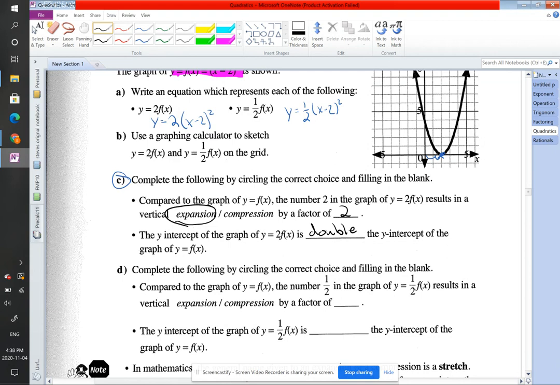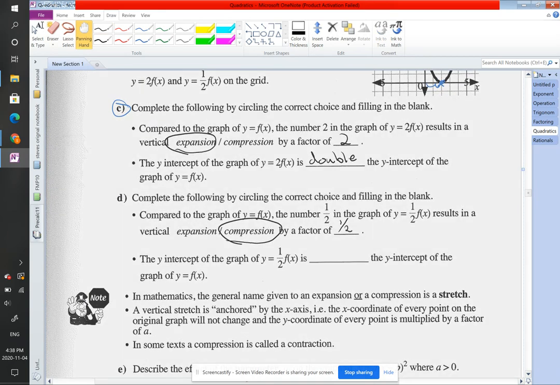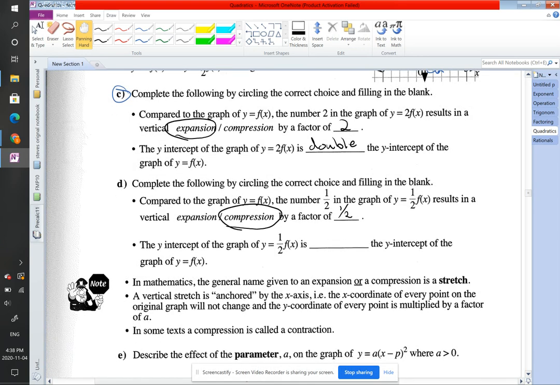So we call this a vertical compression. So vertically it's been pushed together, or compressed down by a factor of 1/2. The y-intercept of the graph of y equals 1/2 times the function is half the y-intercept of our original graph.